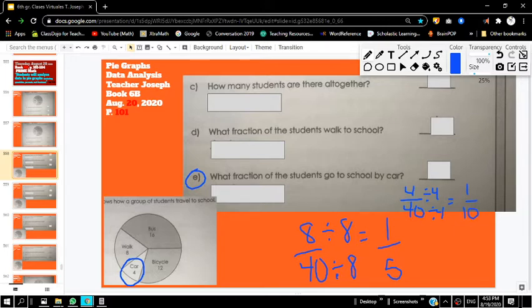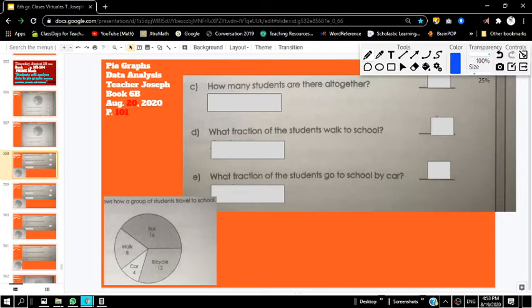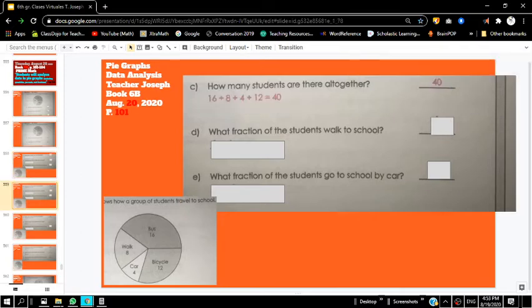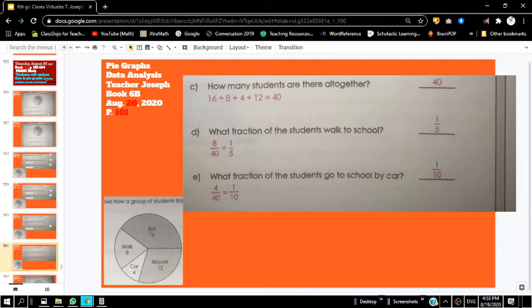So those should be our 2 fractions. Let's check them to see if they are correct. All right. So we have 40 students altogether. 1/5 of the students walk to school, and 1/10 of the students go to school by car.